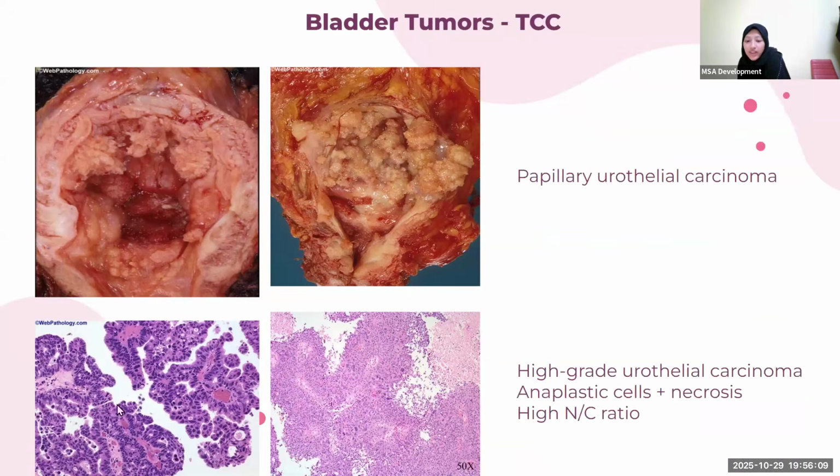So these are high grade, meaning very severe, urothelial carcinoma showing anaplastic cells, abnormal cells, necrosis, pinkish necrosis areas, and a high nucleus to cytoplasm ratio. That means the cytoplasm is less, and all you can see is a lot of nucleus. That means it's overworking, it's malignant and overproducing a lot of things. So the nucleus is very dark and very big. So this is bladder tumor.